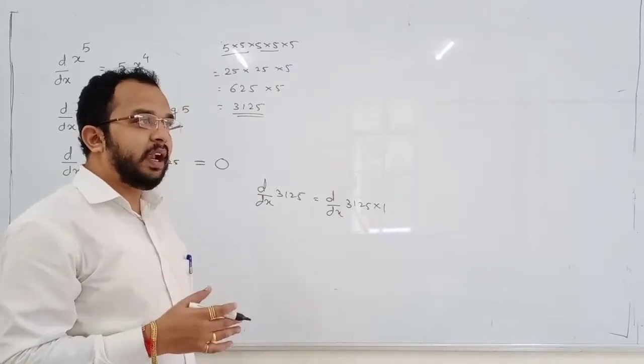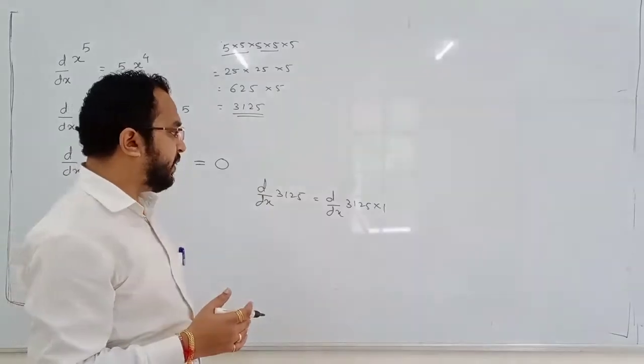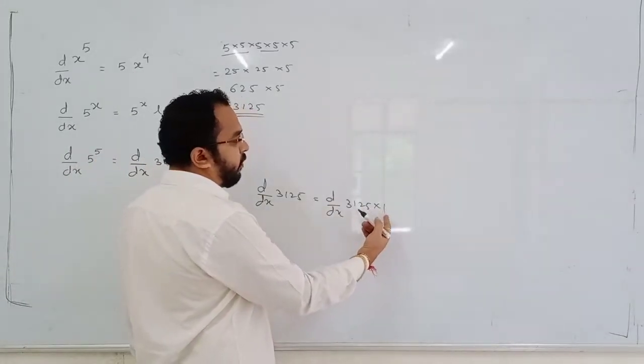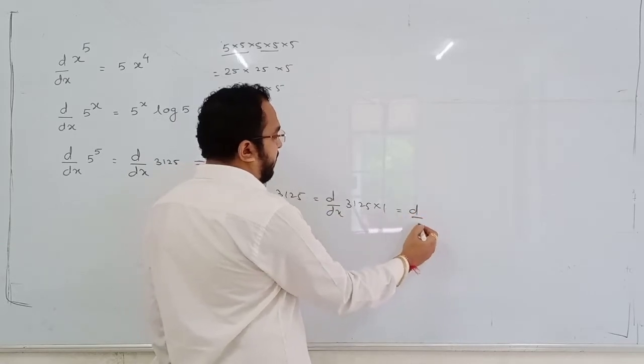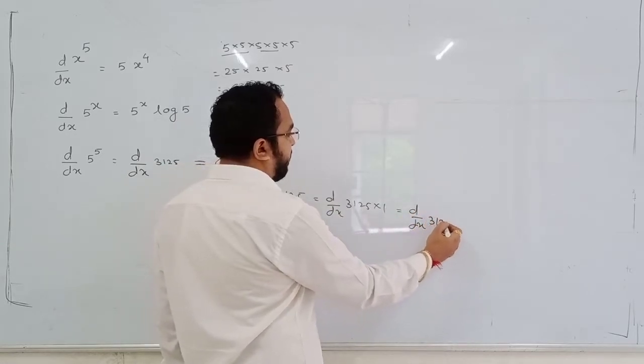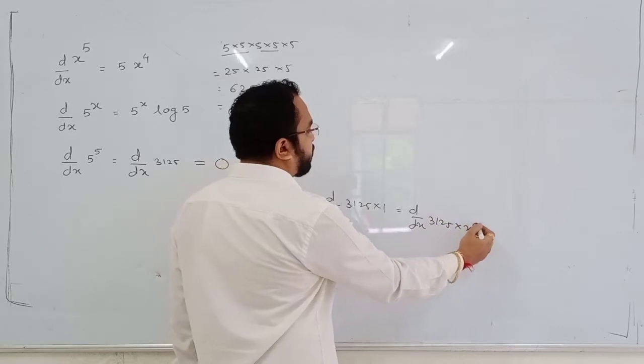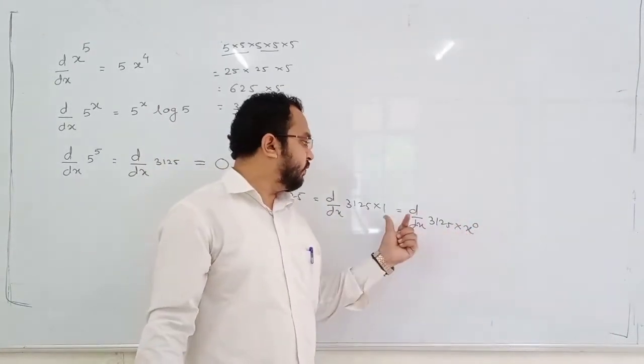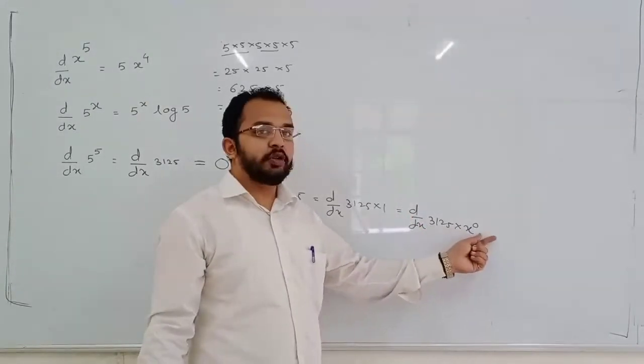If 1 is multiplied to the equation, then the value of the equation doesn't change. Now 3125 can be written as 3125 into 1, and this 1 can be written as x to the power 0. Because anything to the power 0 is 1, so 1 can be written as x to the power 0.